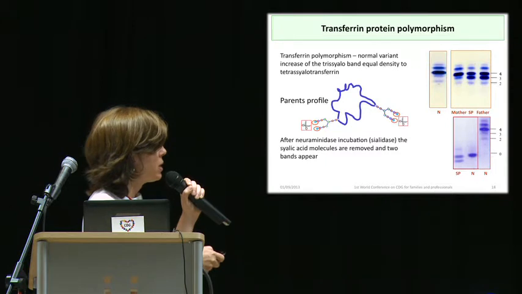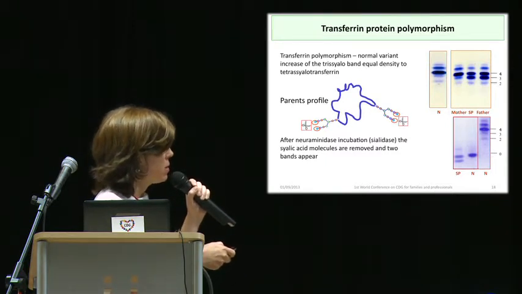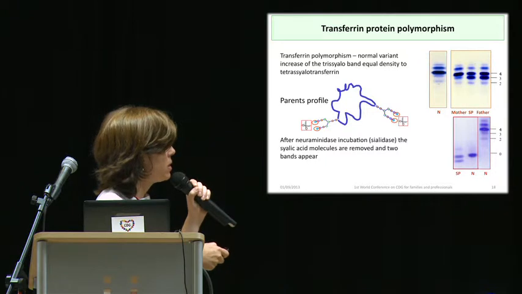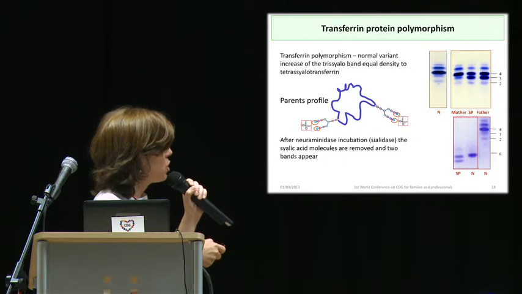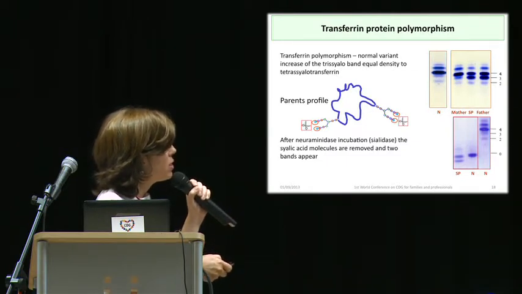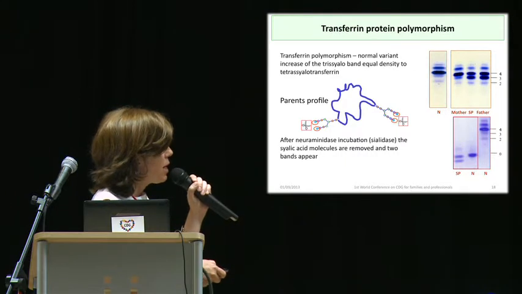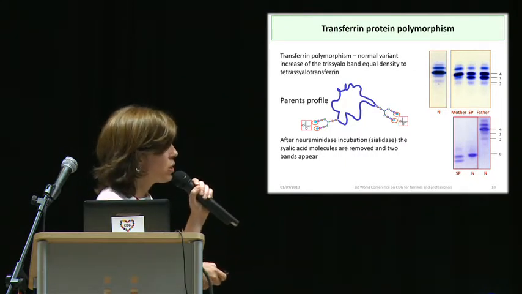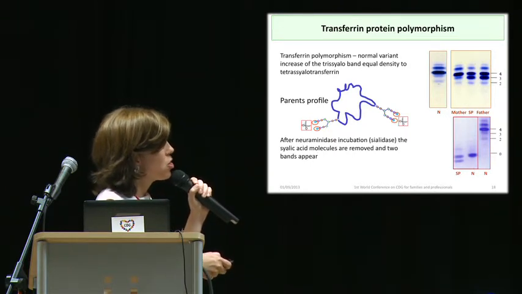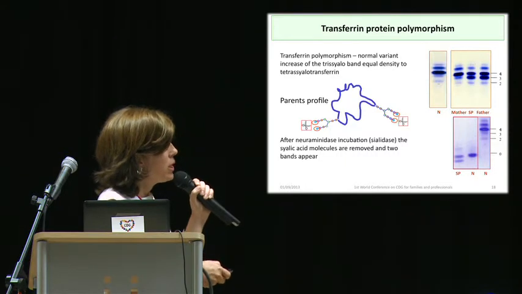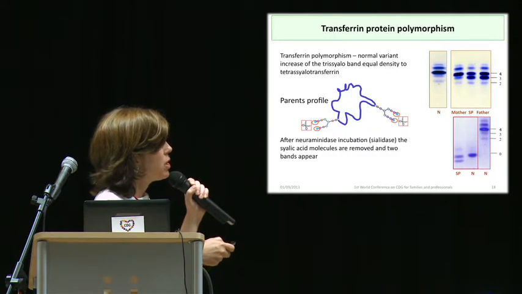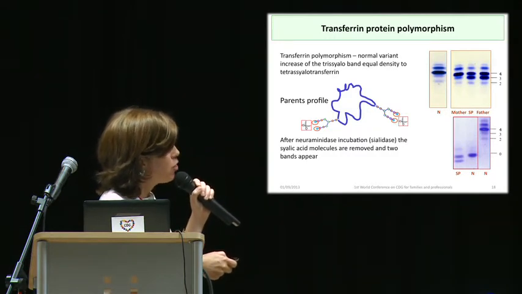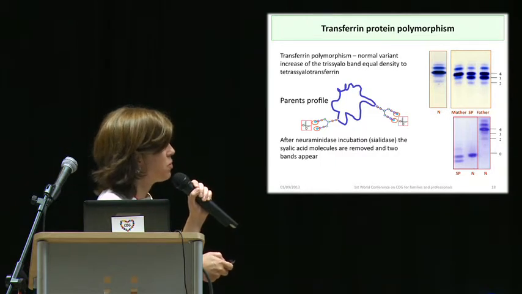This sialidase cuts the sialic acids in the transferrin glycostructures, and the transferrin isoelectric focusing then depends only on the charges of the amino acids present in the sample. That is, this patient inherited a different form from the mother and another form of transferrin from the father.